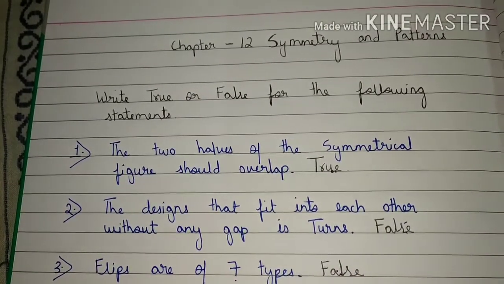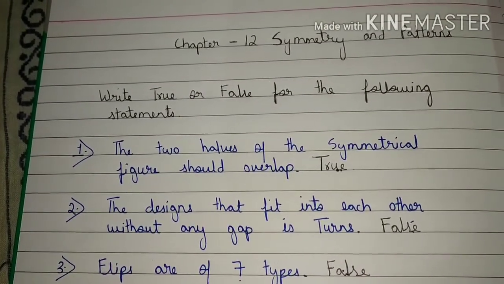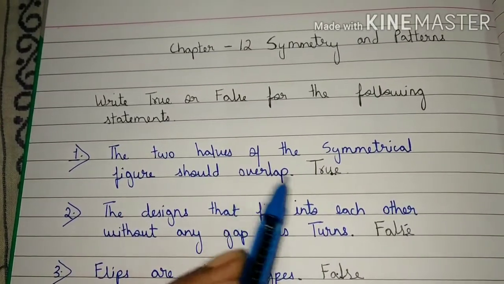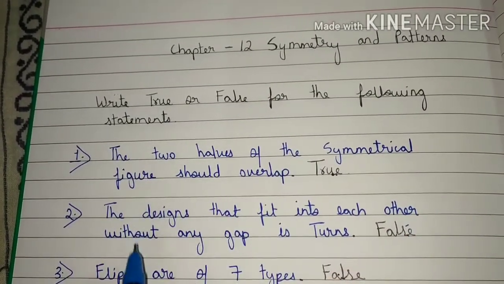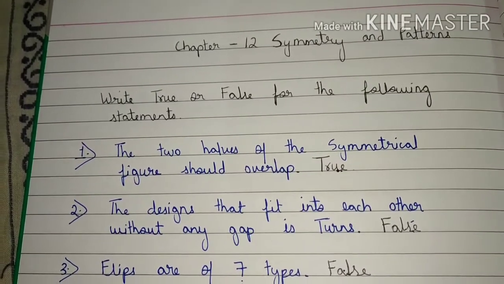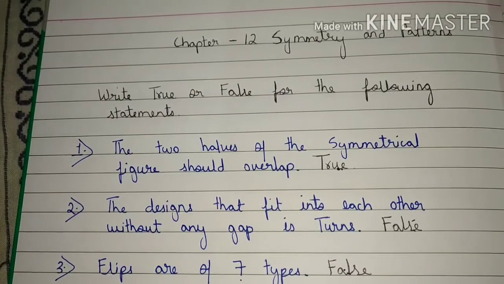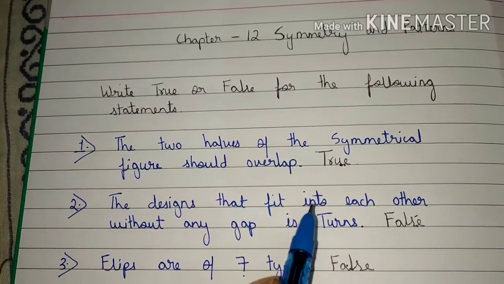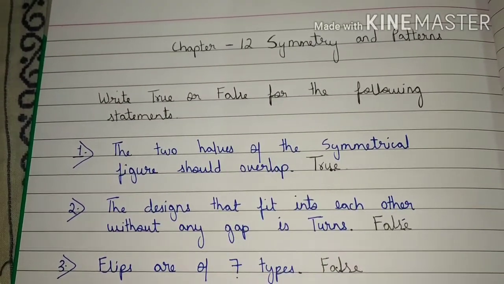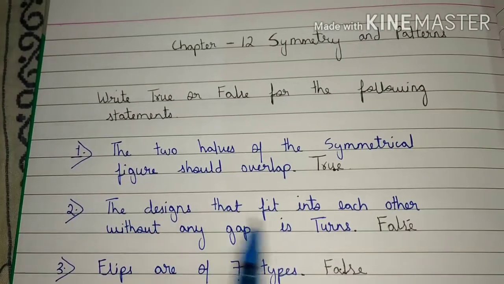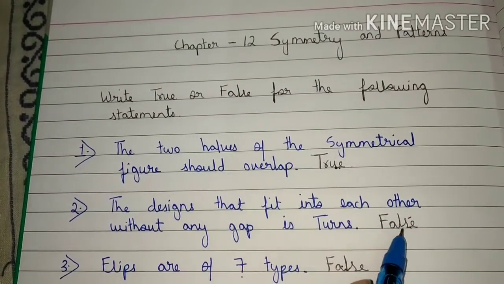Because we have learnt that the designs that fit into each other without any gap is called tessellation. And students, we have also learnt that turns means to rotate any figure. So students, this statement is false.